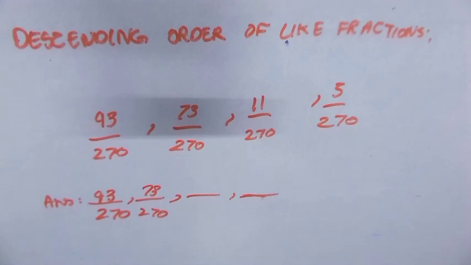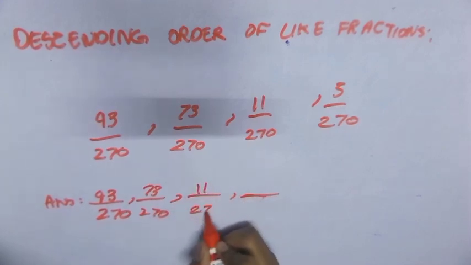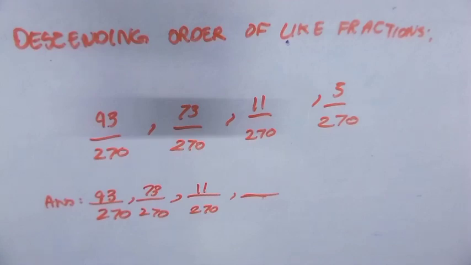And then we got 11 by 270 and 5 by 270. So 11 by 270 is greater than 5 by 270. So 11 by 270 is the next fraction. And at last we only have one fraction, which is 5 by 270.